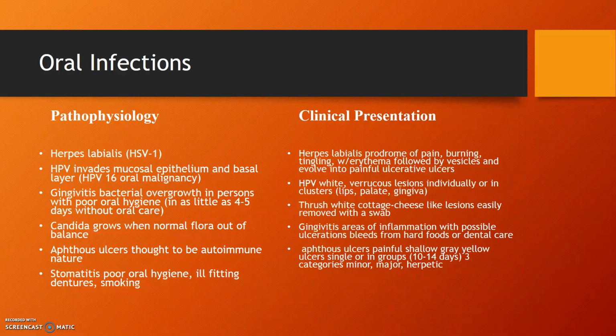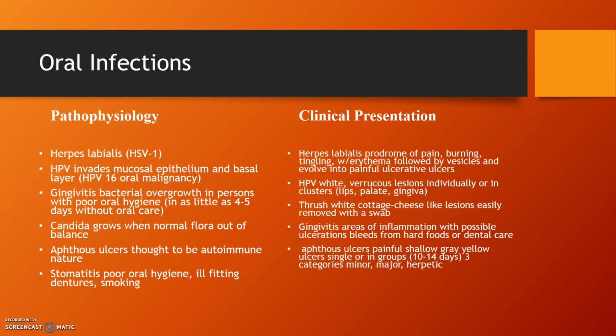Clinical presentation of a person with herpes labialis, HSV1: they usually come after they've broken out, but there is a prodrome of pain, burning, and tingling with erythema, followed by vesicles, and that evolves into painful ulcers. With HPV, you're going to see white verrucous, which is a word for warty, lesions, individually or in clusters on the lip, the hard palate, or the gingiva.